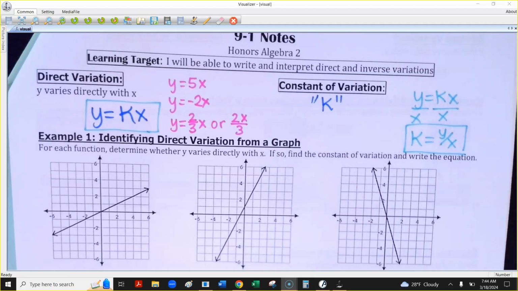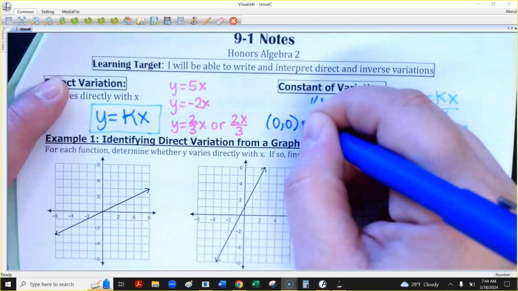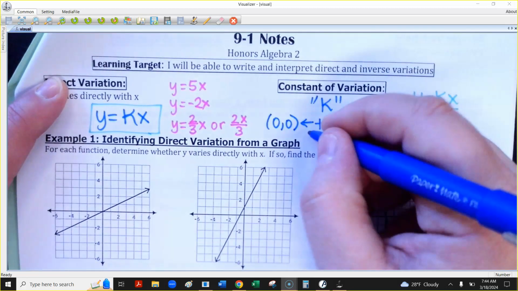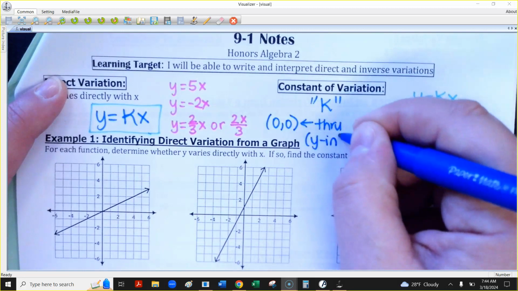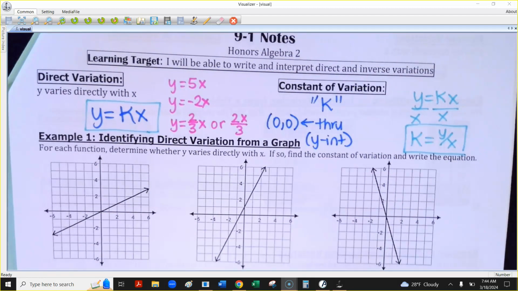It would be 0. All of these graphs go through the point 0, 0, and in each case it's the y-intercept because you don't have anything added or subtracted. So anytime you have a direct variation, it's just a line. The k value is really just your slope, and they have to go through 0, 0.